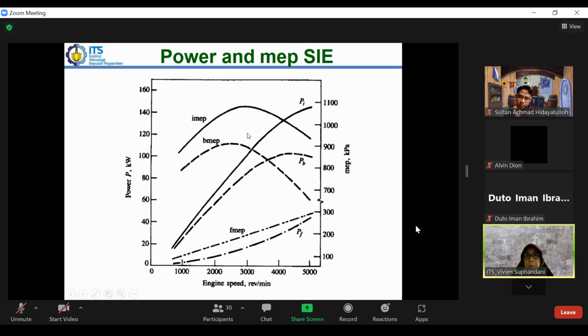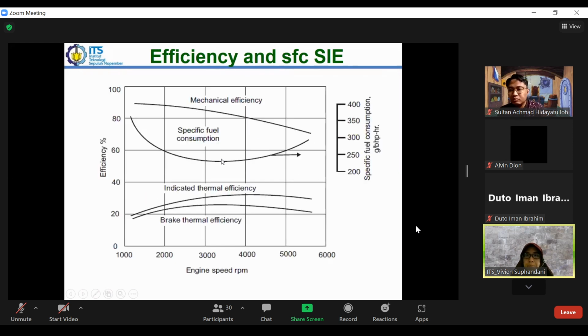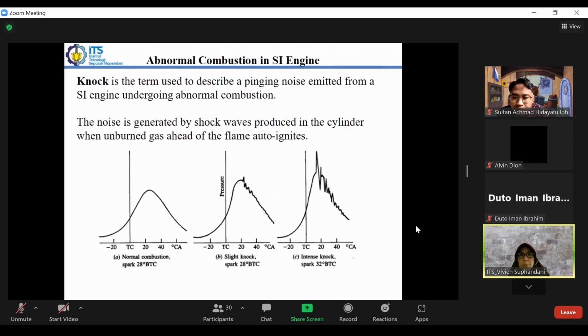EMEP and PMEP will depend on the power also. And friction power will be the subtraction of the indicated power from the brake power. So that is the review of what we learned last week, which is about the combustion process.